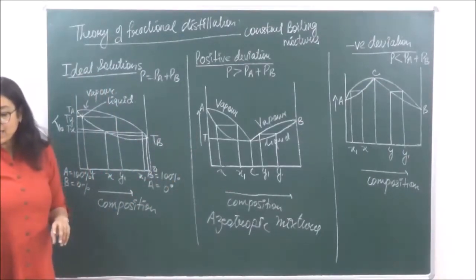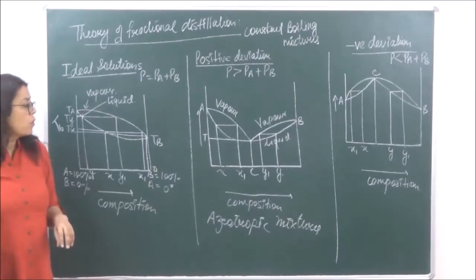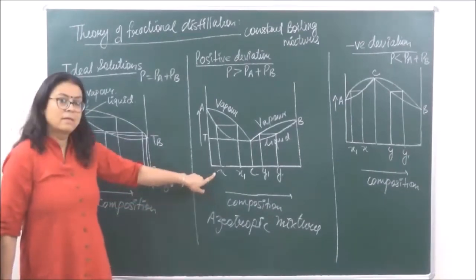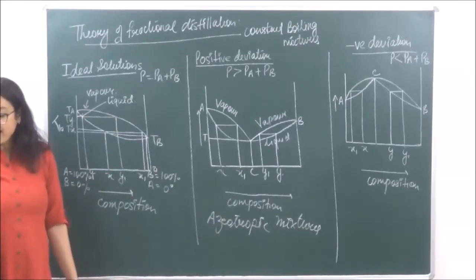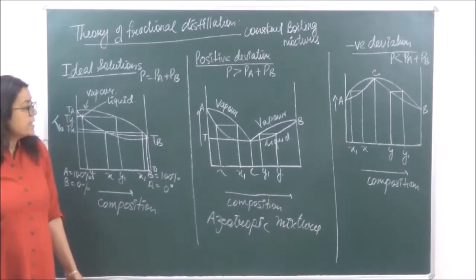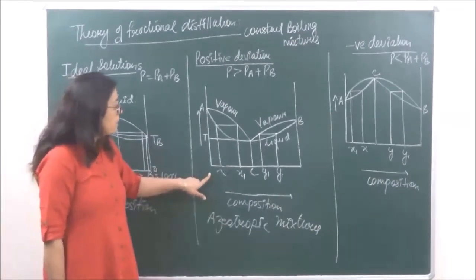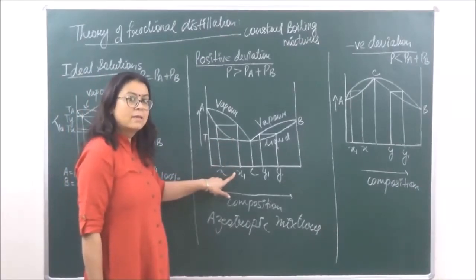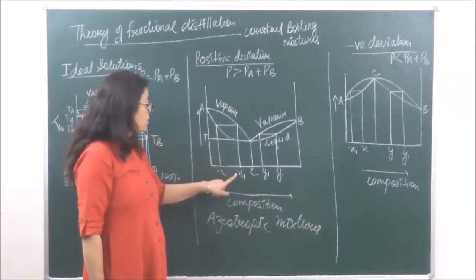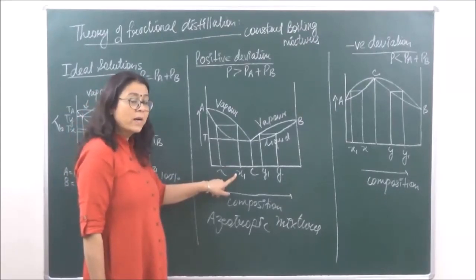Let's say we are taking a mixture of composition X, and when we start heating this, the composition of the vapor phase is going to be what? X1. Okay, the composition of the vapor phase is going to be X1.